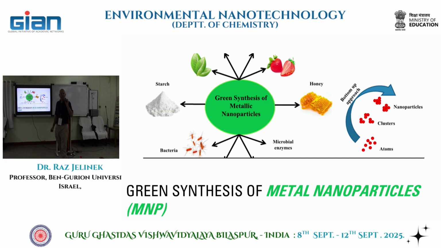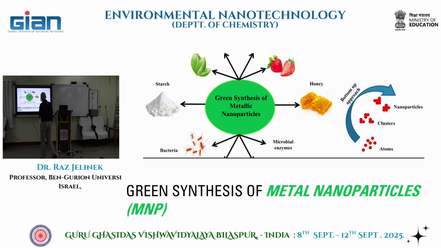Let's talk specifically about metal nanoparticles. You remember from the previous lectures, we talked about metal nanoparticles. These are particles that you can use, for example, for oxidation, cleaning water from pollutants. So metal particles are very useful. And you never thought that you can take honey, and from honey you can make metal nanoparticles.